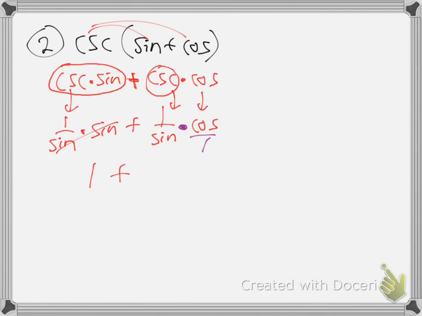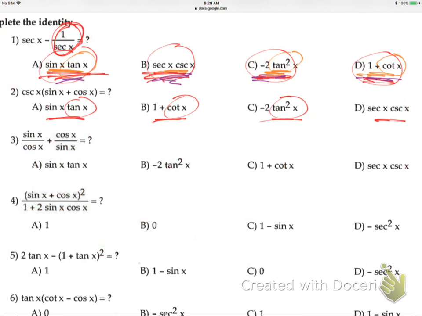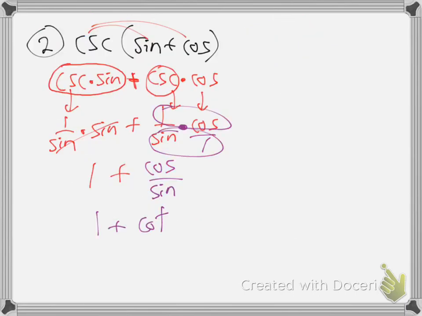So just put a 1 and multiply top with top and bottom with bottom. So I'll get cosine over sine, which is cotangent, isn't it? Cosine over sine is cotan. Now, hopefully they have that answer there. Do they? 1 plus cotan. Yeah, B. Got it. So it's answer B.